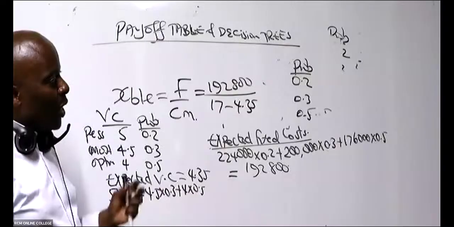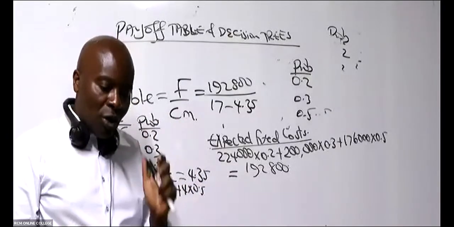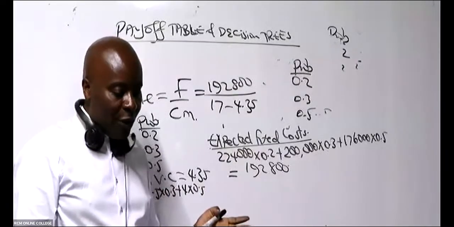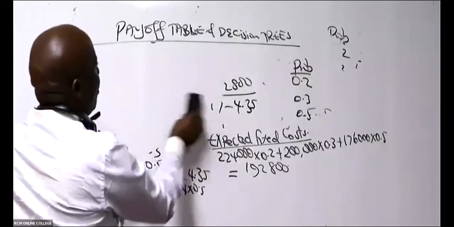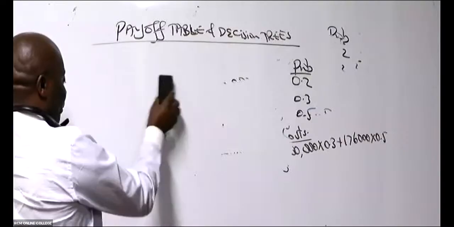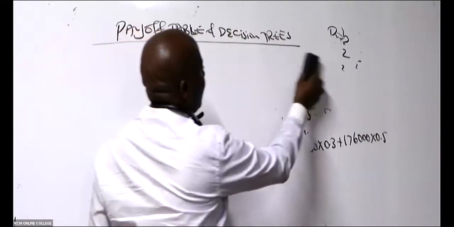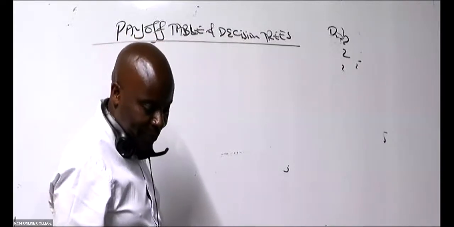We had to average the fixed cost and we had to average the variable cost. That's the only difference there. Now, please mention there for us, payoff table and decision trees.